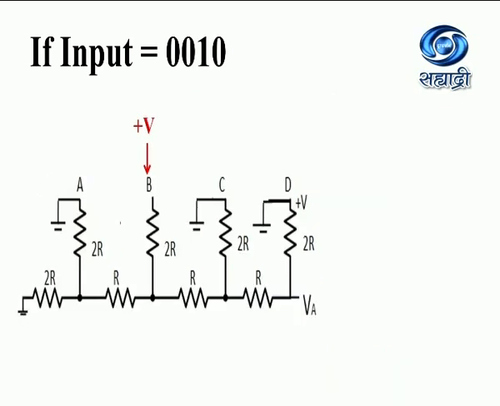Third condition, if you apply 0 0 1 0, that is the B bit is 1.